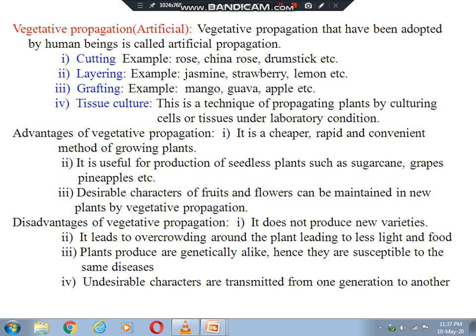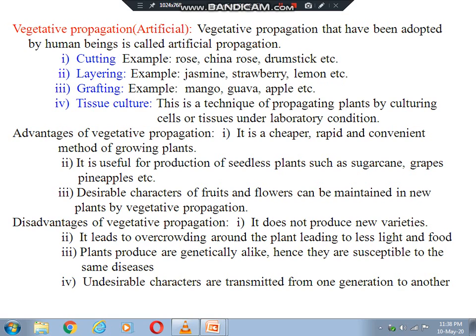Now after 4 to 6 weeks, the plantlets can be transferred from the culture medium to the soil. So this is tissue culture, and the method is called tissue culture technique. It is being used in orchids, gladiolus, potato, sugarcane, etc. These are the examples.